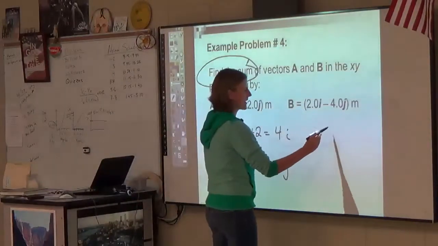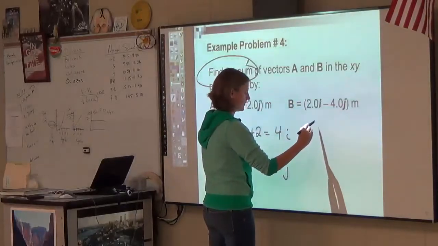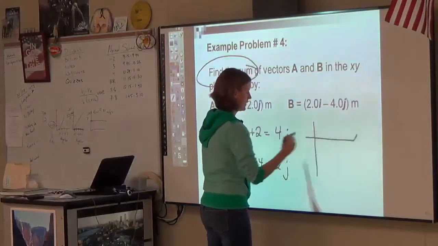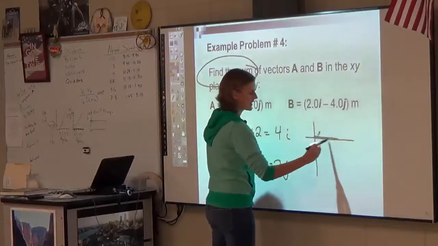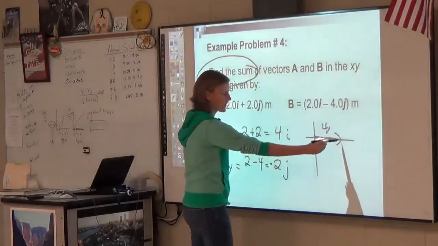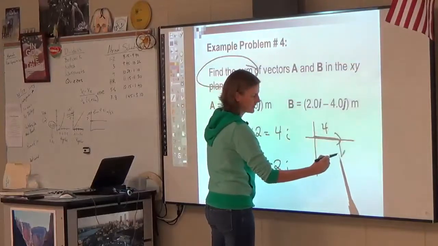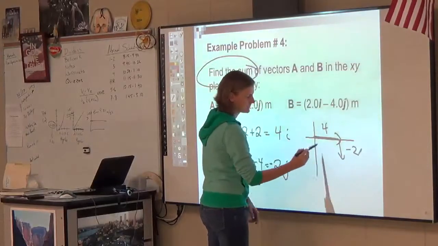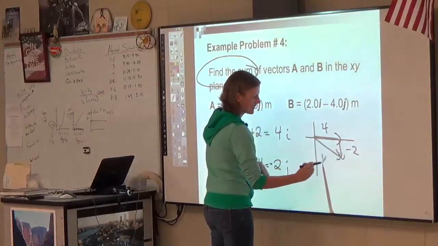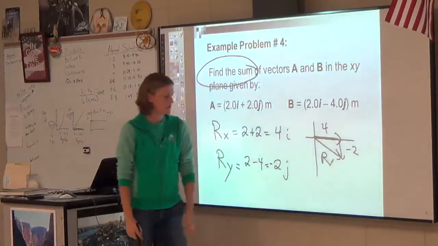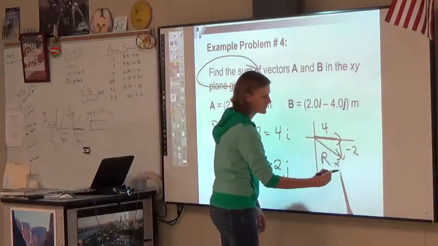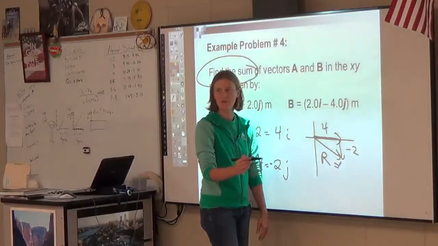You might want to think about it as a little sketch here. 4i, okay, that's the positive x direction. From there, adding these head to tail, I've got negative 2j. So that is my answer. So you did Pythagorean Theorem, and what did you say it was? Give me the decimal version.